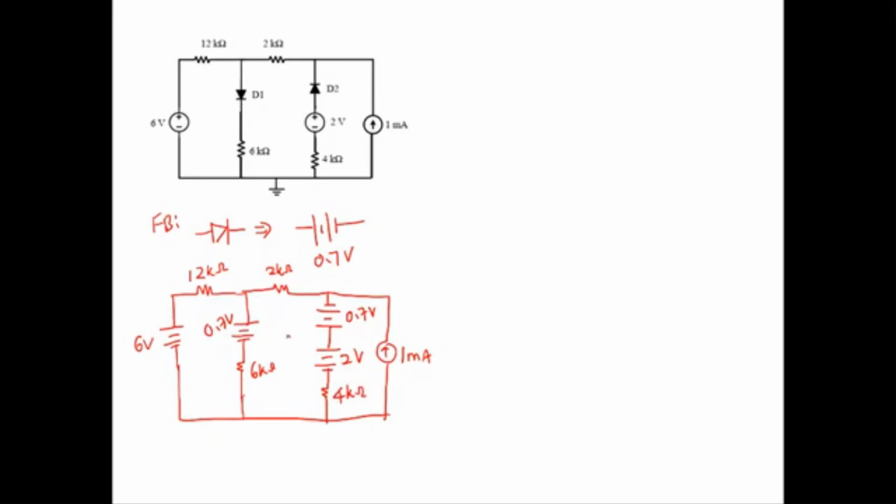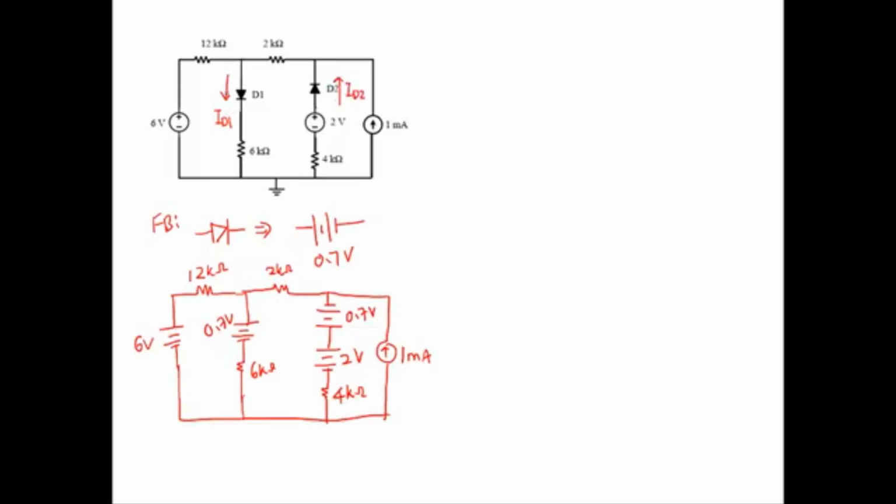We already replaced the diode with the DC source. This is when we assume that the diode is in forward bias. So next, for our final analysis, we want to get the diode currents. Let's say this is ID1 and this is ID2.